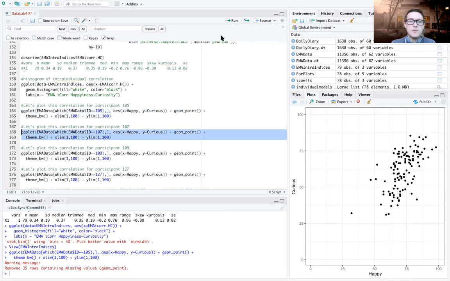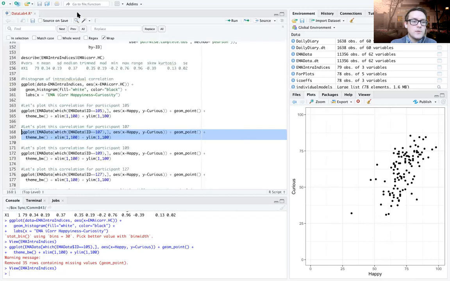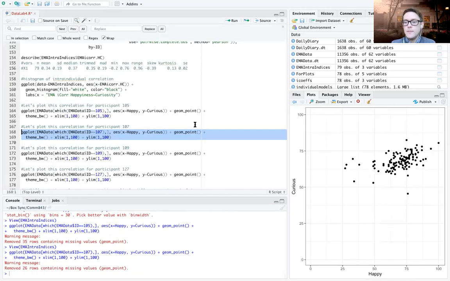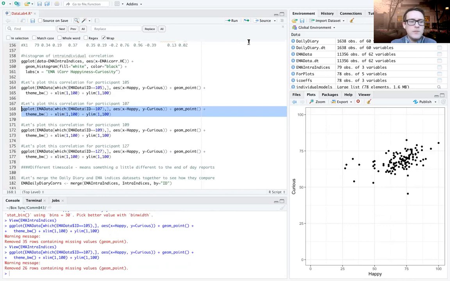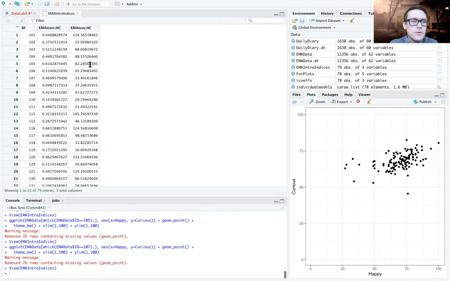And if we look at 107, EMA intra-indices, 107, they have a correlation of 0.47. Wait, really? That does not look like a positive association to me. EMA intra 107.